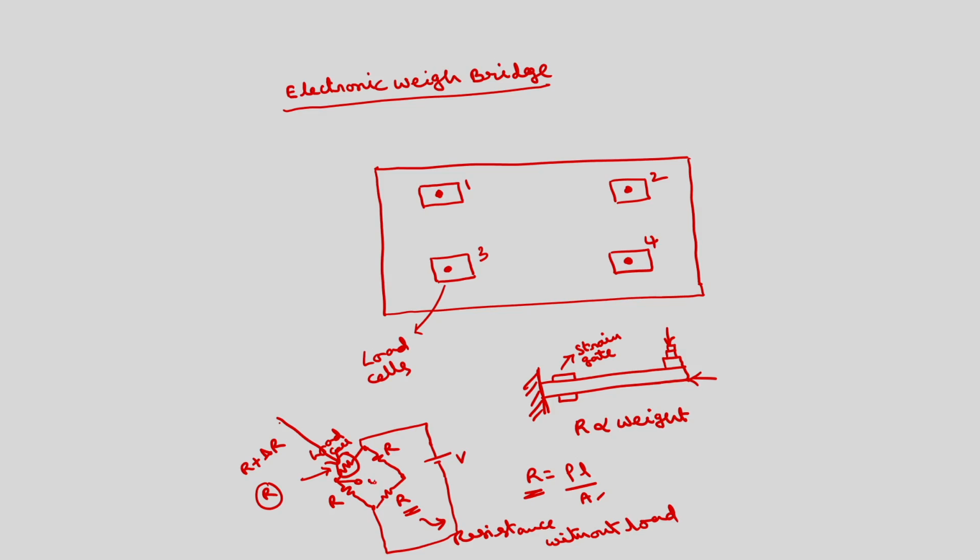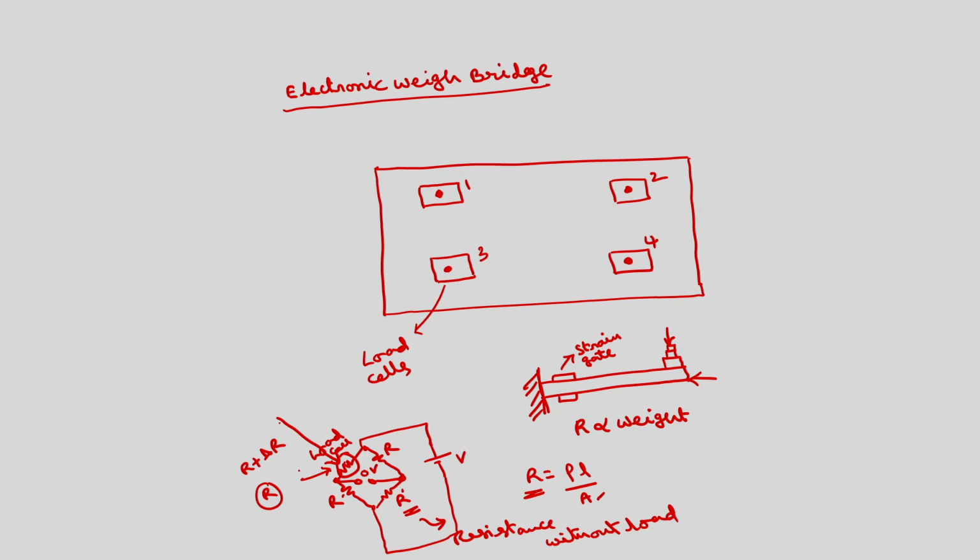At these 2 points you will get 0 volts, in case all are R, because this voltage will be V by 2 and this voltage will be V by 2. So, the difference becomes 0 volts.